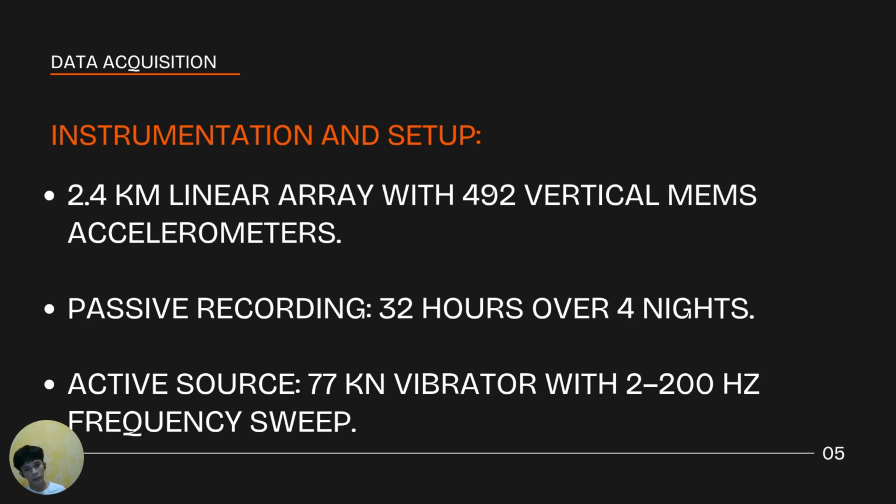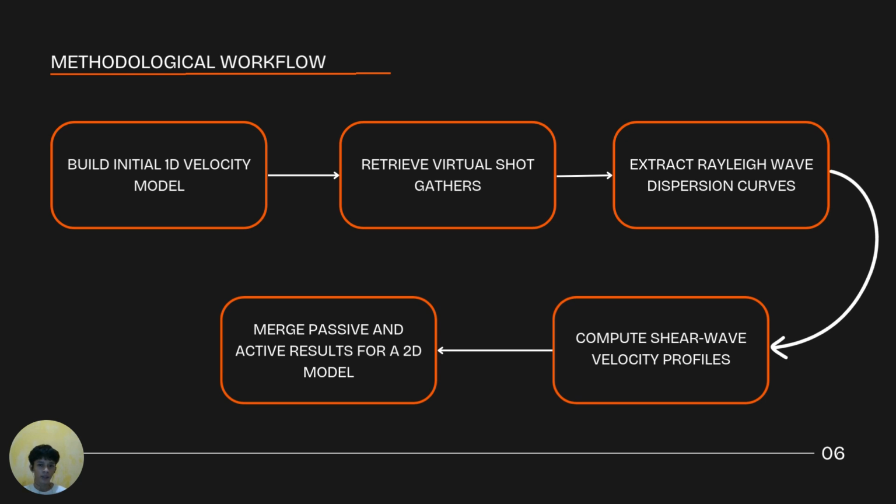Now that we understand the data collection process, let's walk through the workflow used to analyze the data. The methodology followed a structured workflow. First, the active source data were used to develop a reference 1D velocity model. Next, the passive data were processed using cross correlation between receiver pairs to generate virtual shot gathers.